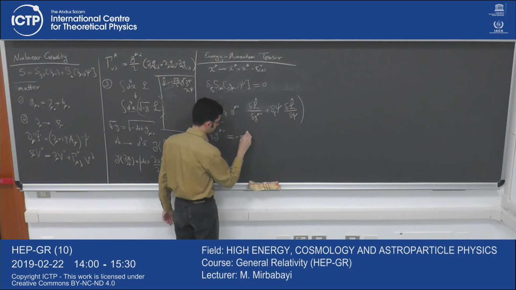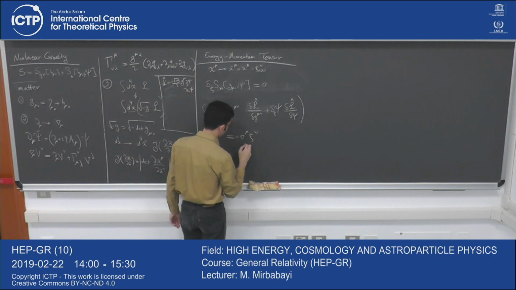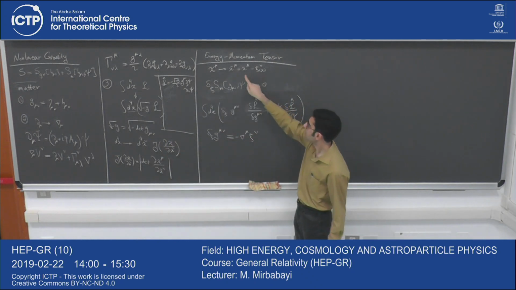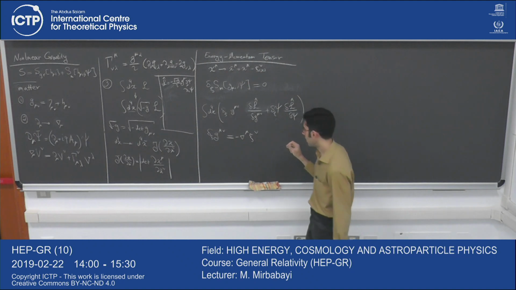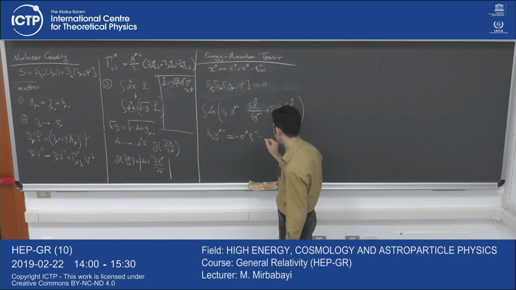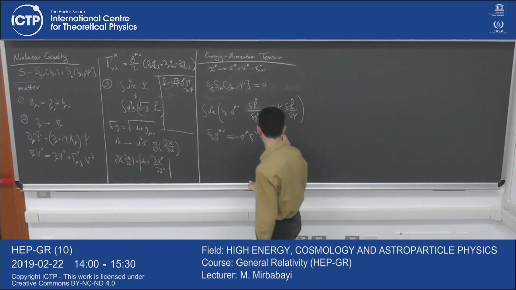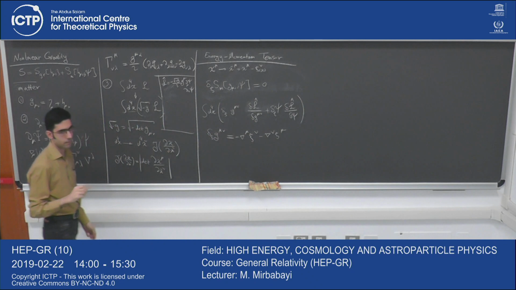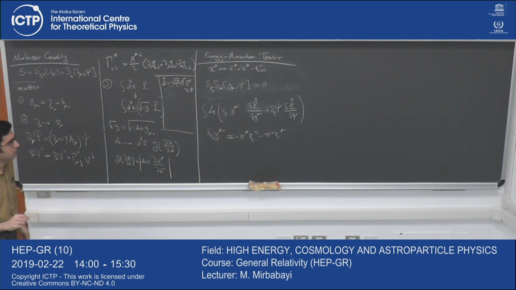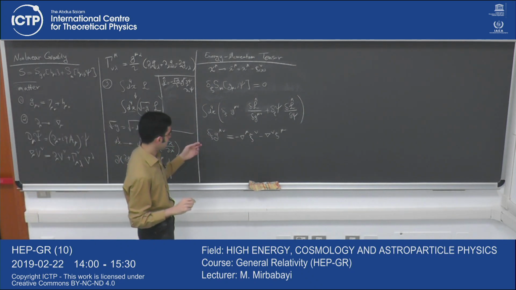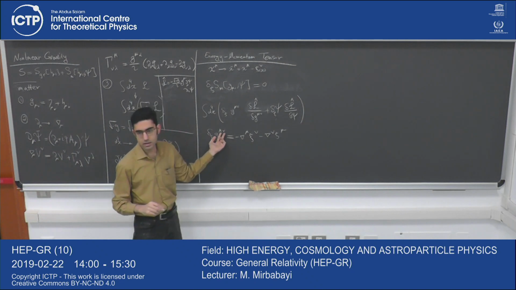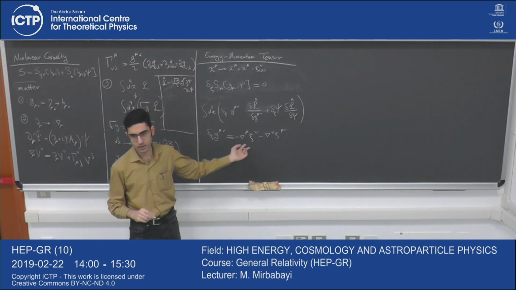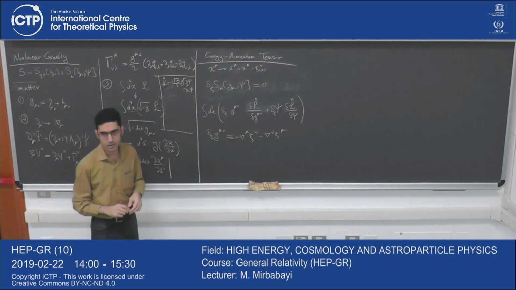This is one of the exercises: it is given by the covariant derivative of this parameter of transformation. So it's given by minus nabla mu xi nu minus nabla nu xi mu. Both of them are. Well, this is symmetric in mu nu, so it better be symmetric.